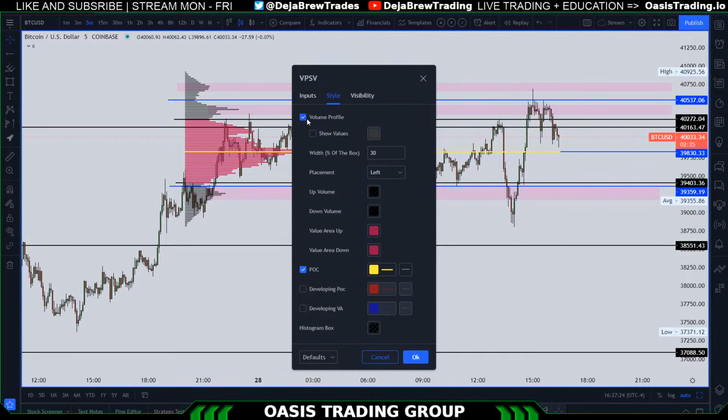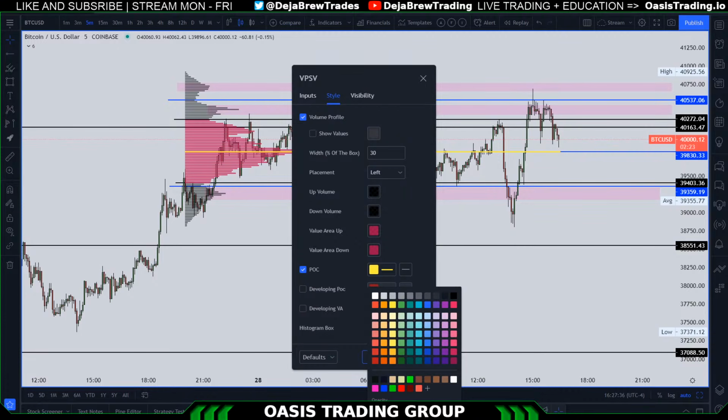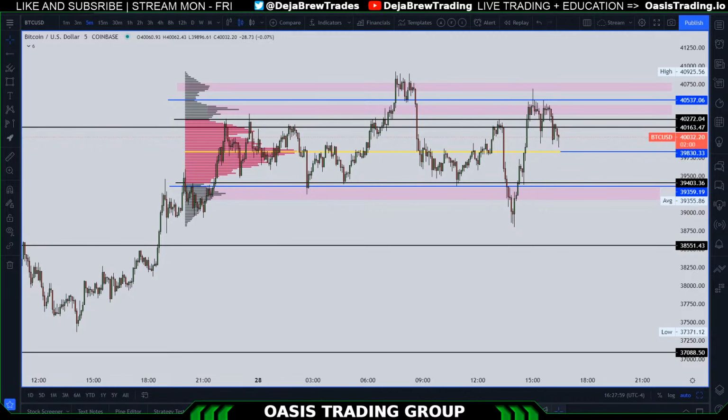I show the volume profile, 30%, placement left, black, black, pink, pink. POC is on. I do not use the developing area, and then I put this to 0. Yeah, the Cupra, you asked the same question. It's 100. My row size is 100.